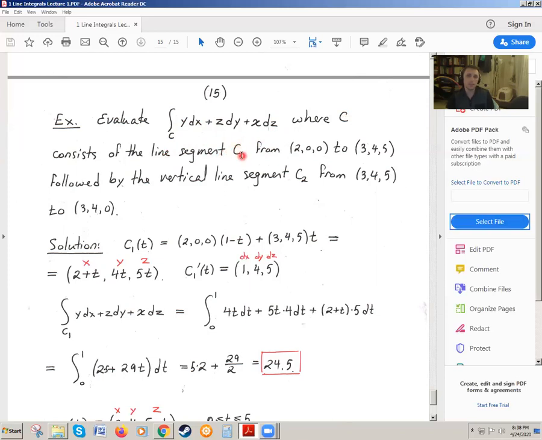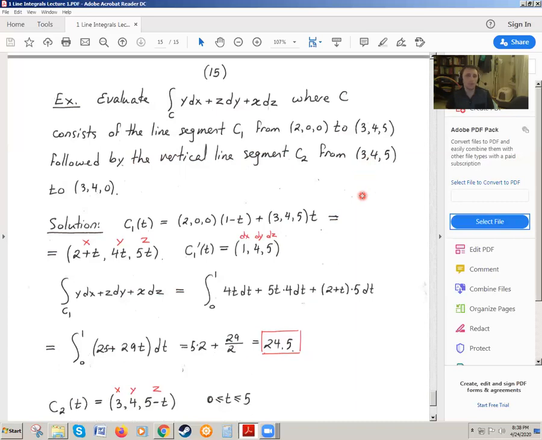The first segment is a line segment from the coordinate 2, 0, 0 to the coordinate 3, 4, 5. Afterwards, we follow by another line segment, this time a vertical line segment from 3, 4, 5 to 3, 4, 0.